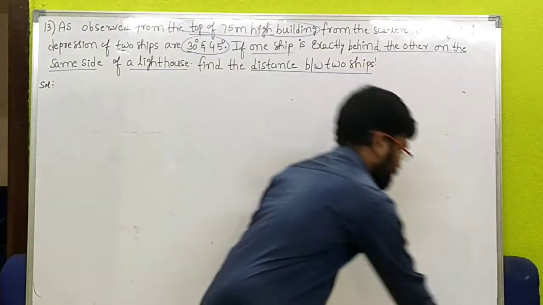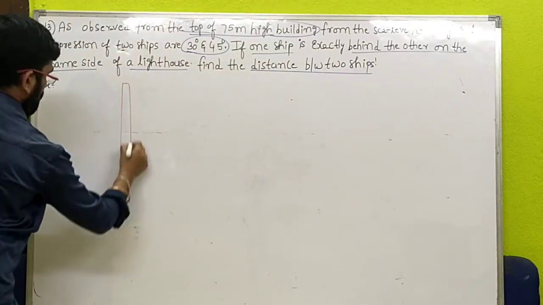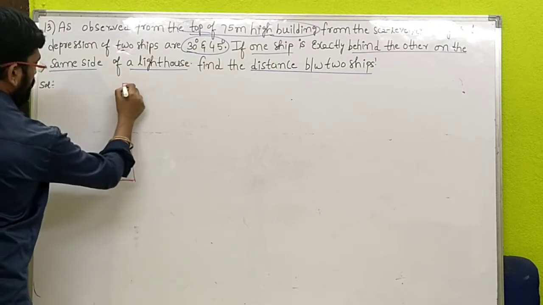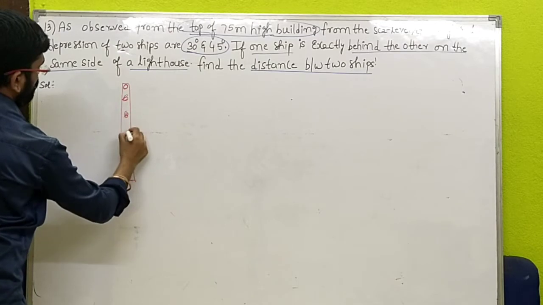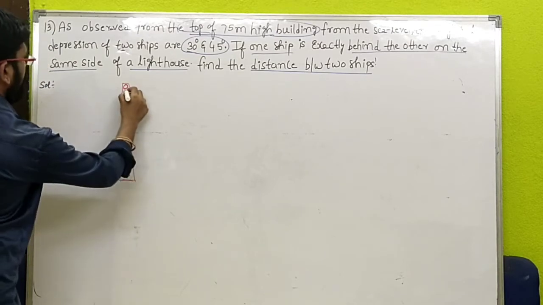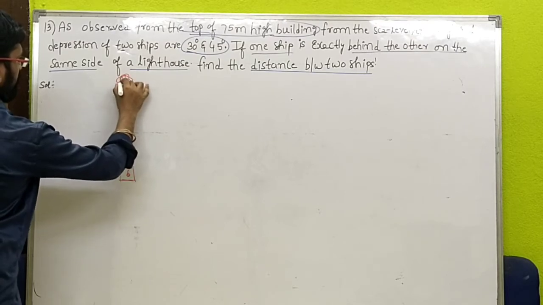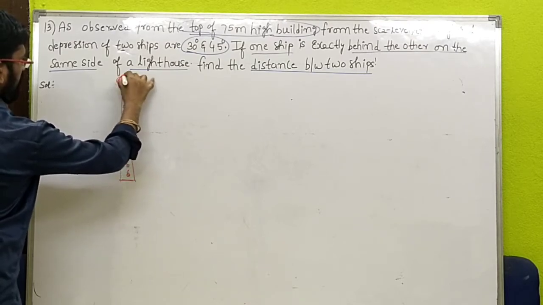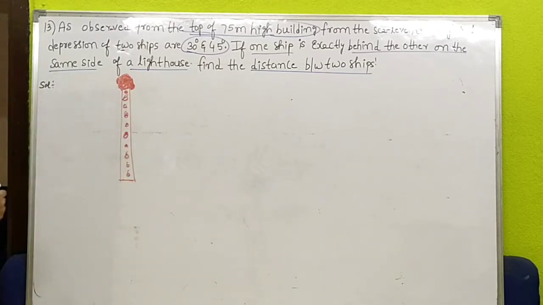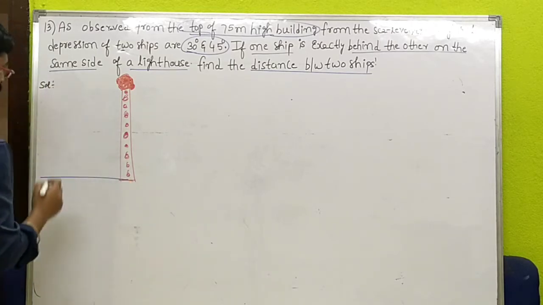Let's draw a diagram. There is a lighthouse here. From the lighthouse, two ships.